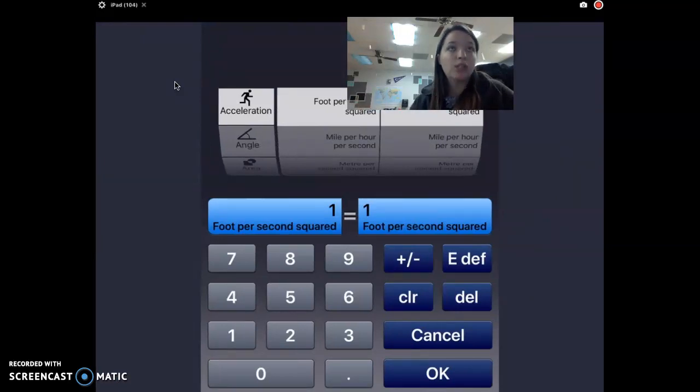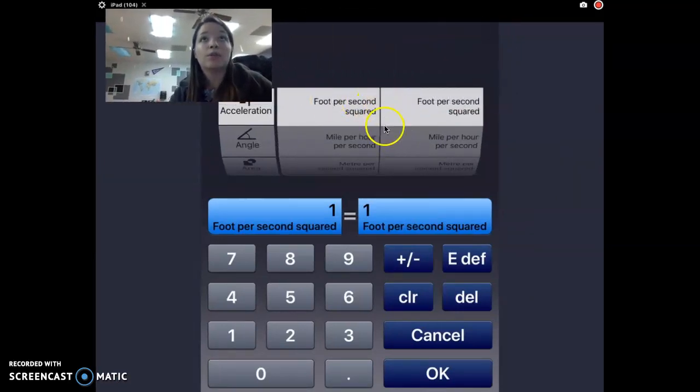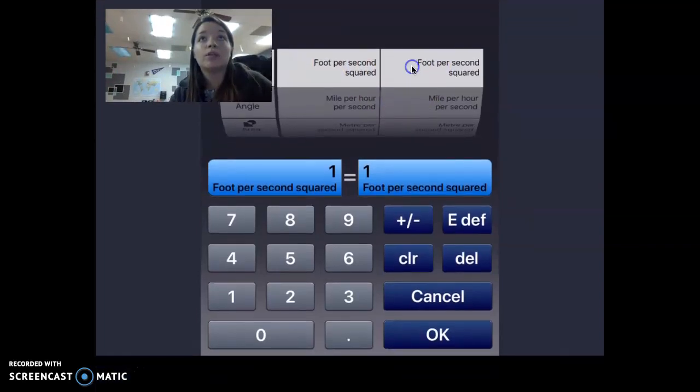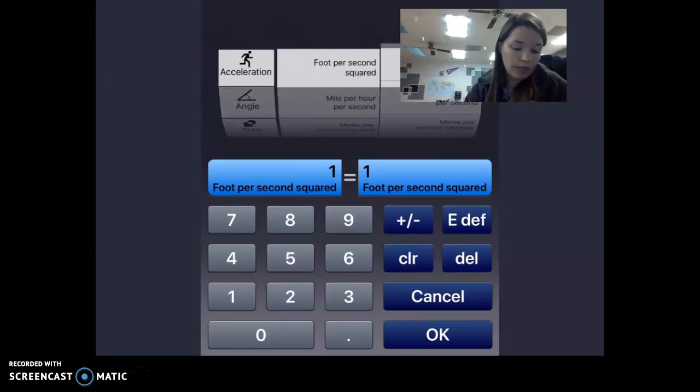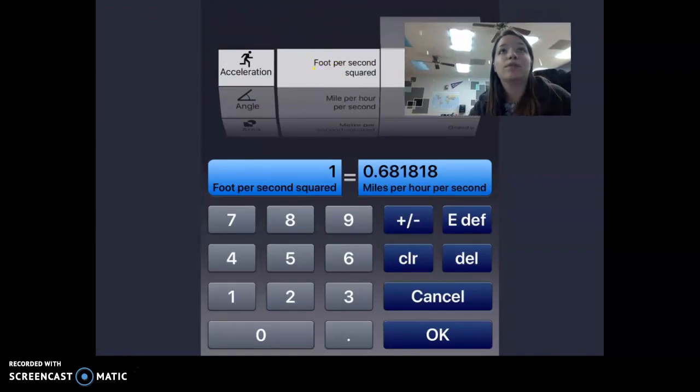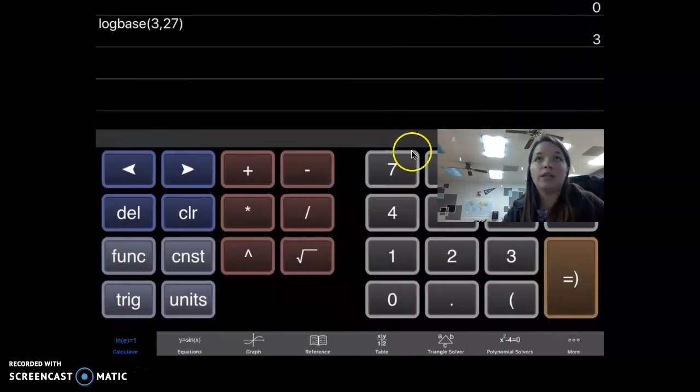So if they wanted to know like acceleration, foot per second squared, or if I wanted to, oops, again, I'm trying to do two different things. So if I wanted to see what the conversion between foot per second squared versus mile per second squared, I can do those conversions, and then it shows me right down here. So that's the really nice thing. So then I can cancel to get out of it.